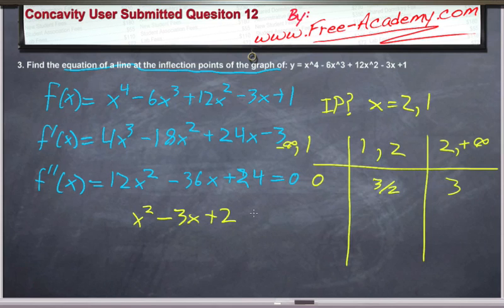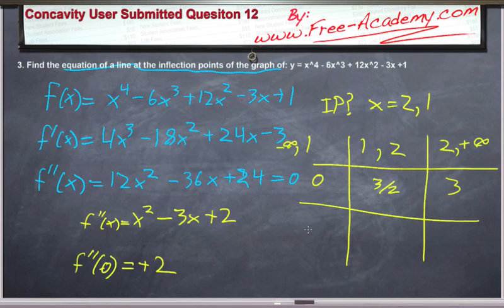This is our f double prime of x. Let's start by evaluating at 0. The second derivative at 0 is 0 squared minus 3 times 0, plus 2, which is positive. So from negative infinity to 1, we're positive, which means we're concave up.